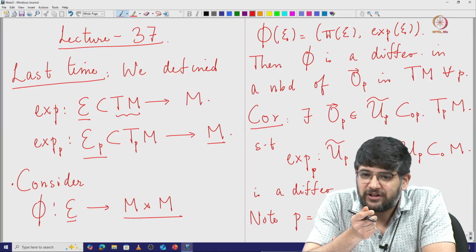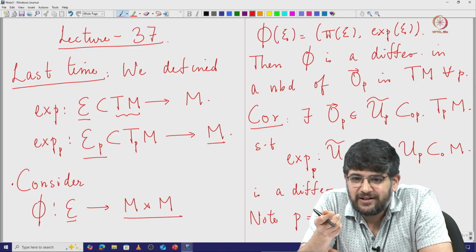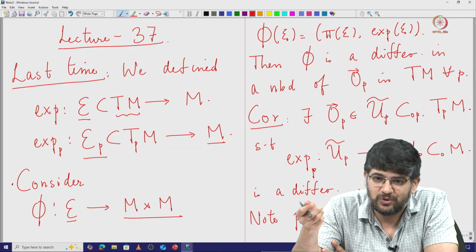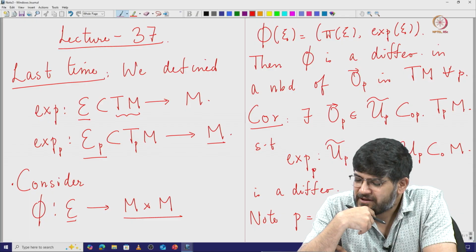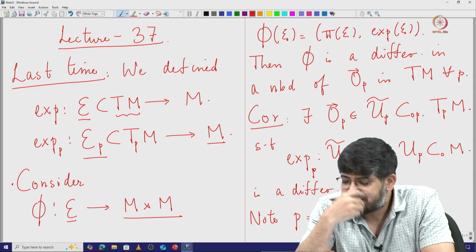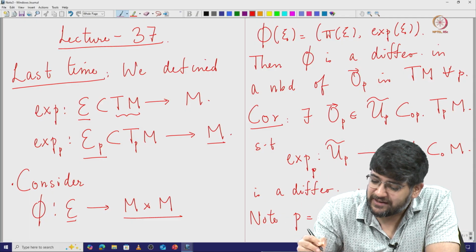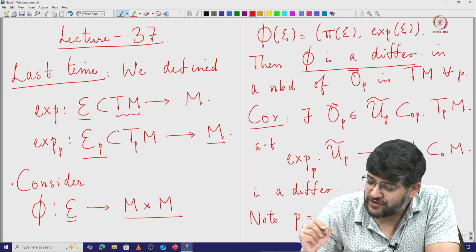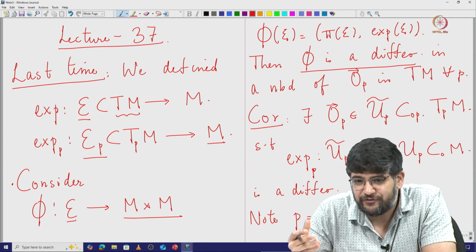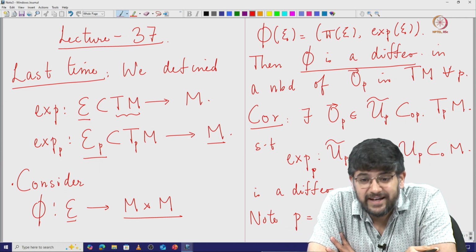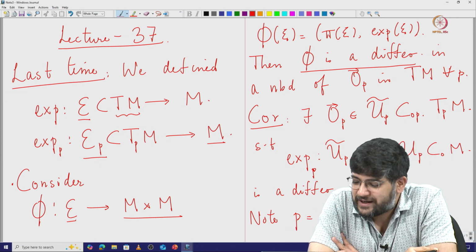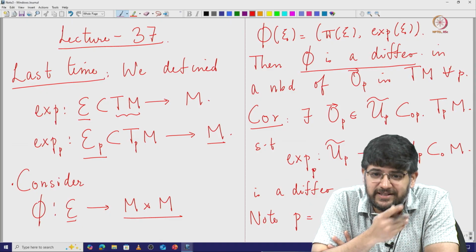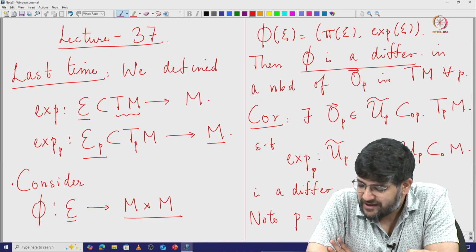The first component of this map is simply the projection of the tangent vector to M, and the second component is given by this exponential map. Then the key observation was that phi is a local diffeomorphism at any 0 vector in the tangent space, okay.